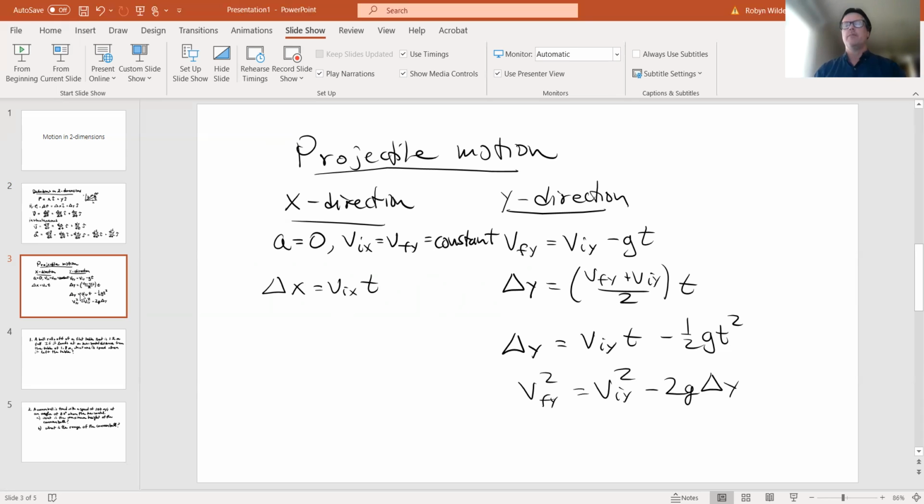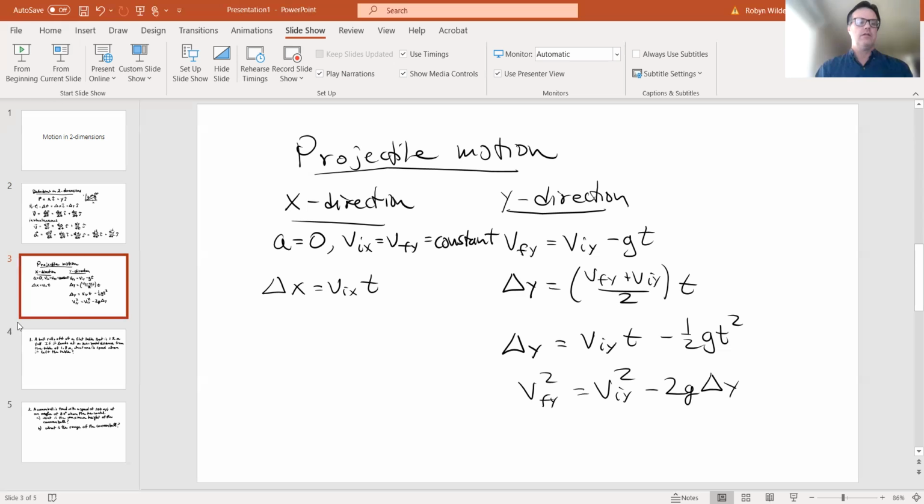And what will happen in some problems is that you could solve for the time in the y direction and then plug that into the x equation over here and determine the variables in the x direction. That's really one of the basic ideas of the projectile motion problems.